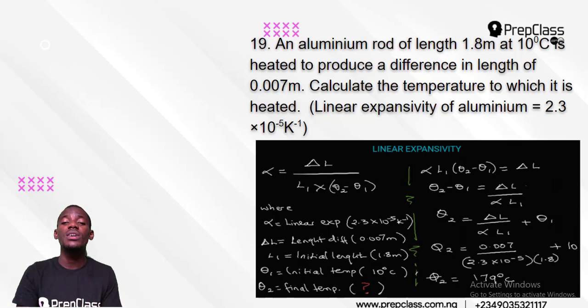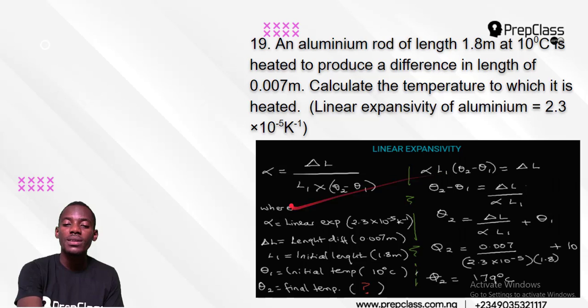The first thing to do is to manipulate the formula, that means turn the formula around, and make theta 2, my final temperature, the subject of the formula. This is the formula for anything linear expansivity in physics. First, I will cross multiply.